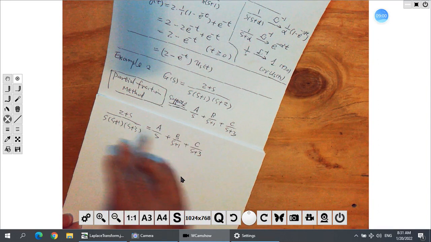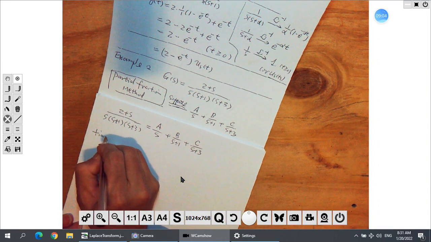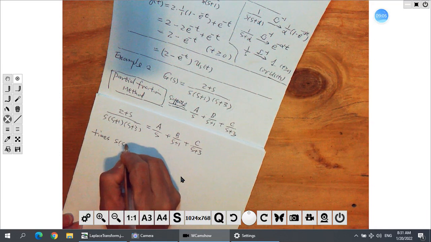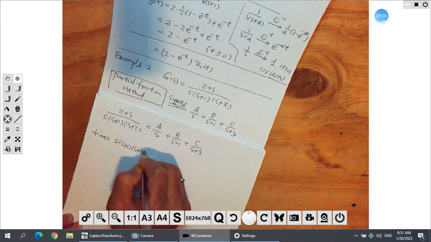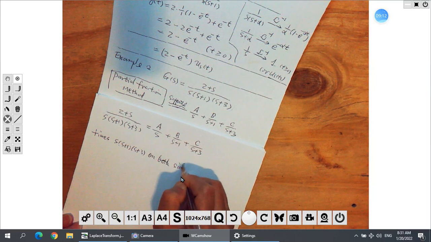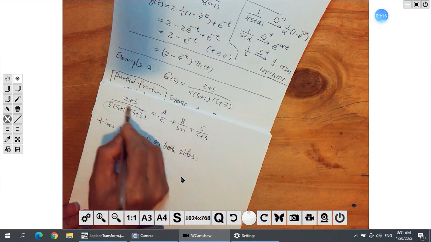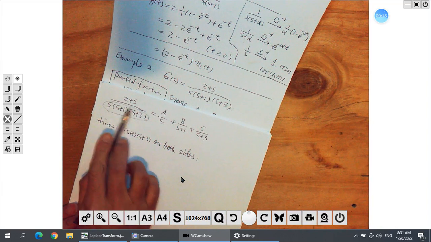Now we multiply by s(s plus 1)(s plus 3) on both sides.